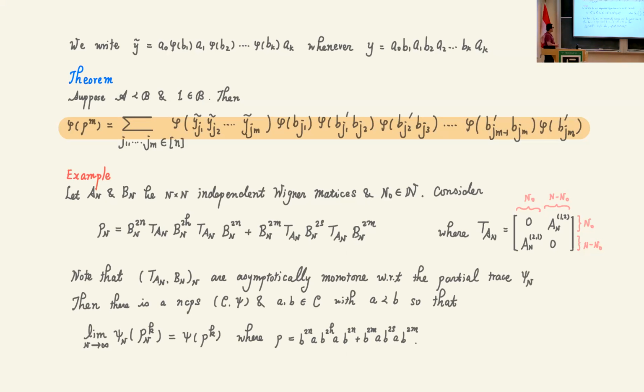First we observe that T_N and B_N are asymptotically monotone. Since they are asymptotically monotone, we know the underlying non-commutative probability space, and we have two elements A, B which are monotone independent with this result. So we convert the problem to computing this. And as long as we have this, now we can apply this formula.